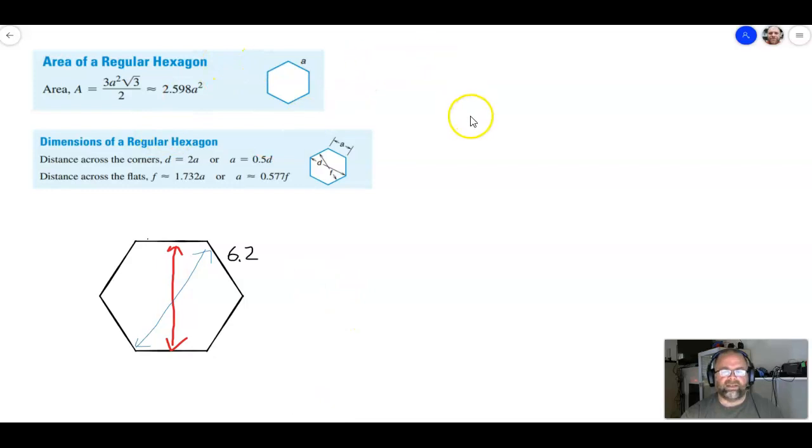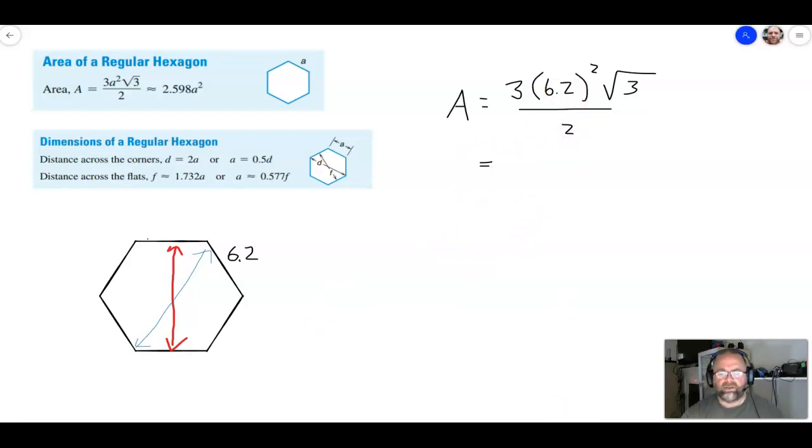All right, so to find the area, I'm just going to plug in that 6.2 there. So this is going to be 3 times 6.2 squared times the square root of 3 all over 2. Or if I just needed an approximate value, I could plug that side length into this formula here. But either way, this one is going to give me an exact measure here.